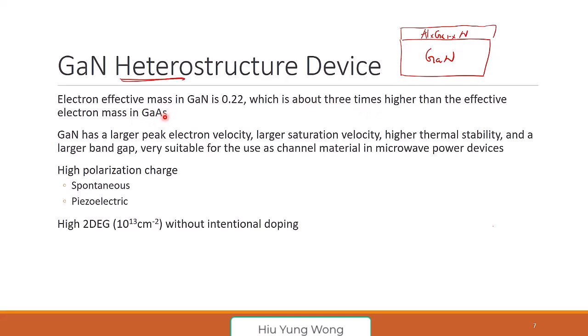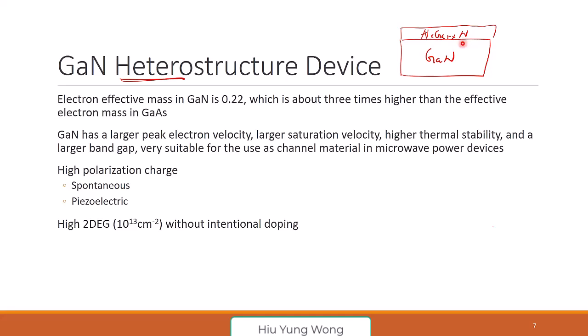It's not that good, but that is okay. But it has high peak electron velocity, saturation velocity, high thermal stability, large band gap. So it's very useful for microwave power devices. So now gallium nitride is used a lot in microwave, base stations, 5G.